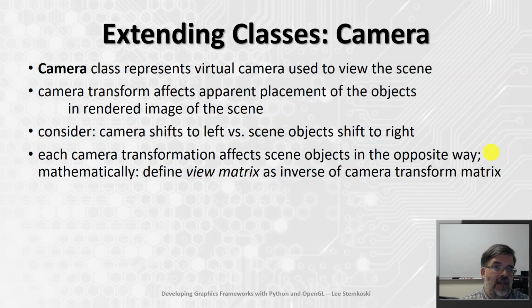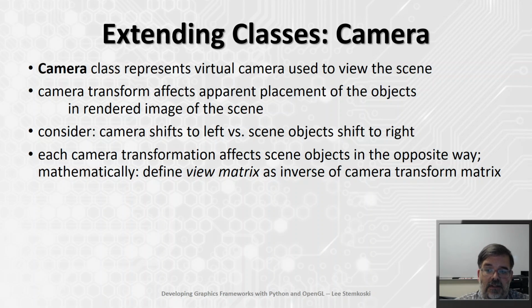Or compare that to the result of keeping the camera still and rotating all objects around the camera by 45 degrees in the opposite direction. Again, rotation of the camera in one direction corresponds to rotating everything around the camera in the other direction. And every camera transformation affects scene objects in the opposite way.